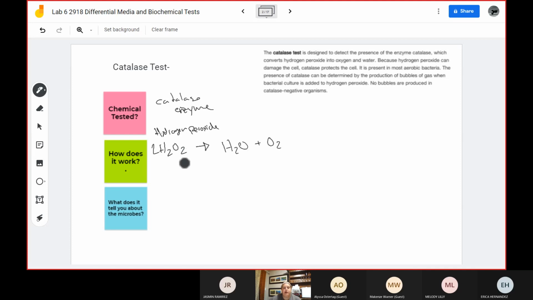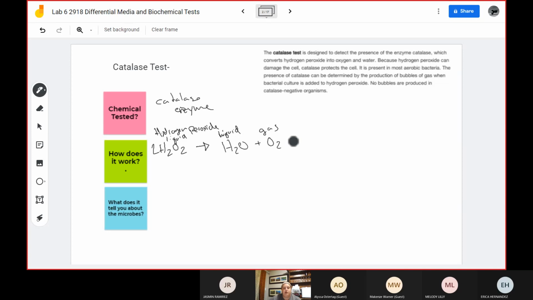So hydrogen peroxide is a byproduct of cellular respiration, and it's one of those toxic reactive oxygen species that are produced. When it's produced, some bacteria that have catalase are able to break it down into water, which is a liquid, and oxygen, which is a gas. So it starts out as a liquid, and it turns into a liquid and a gas.